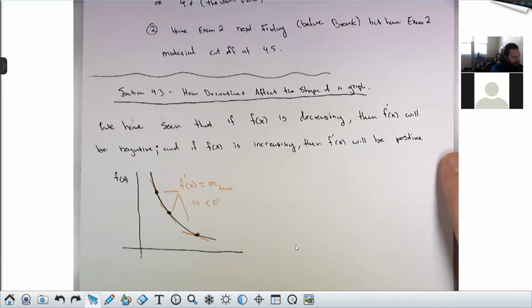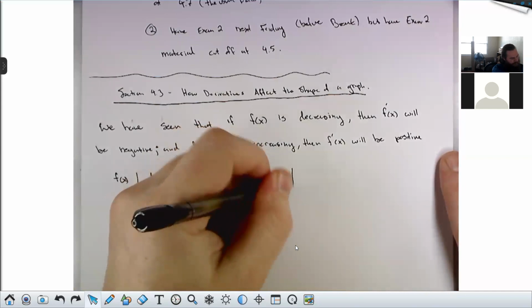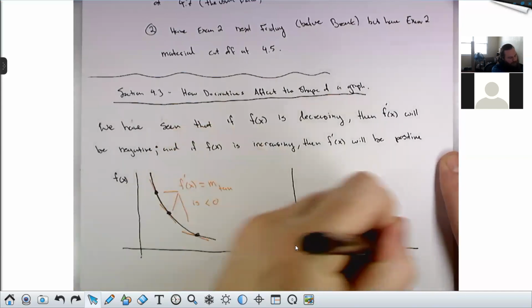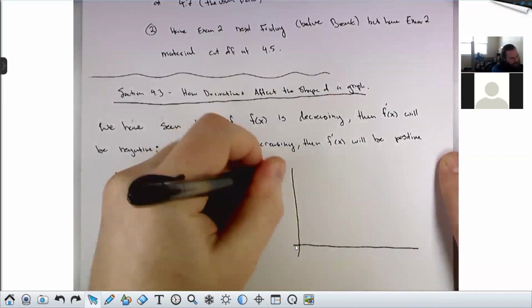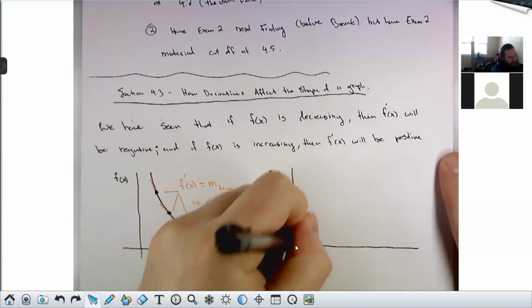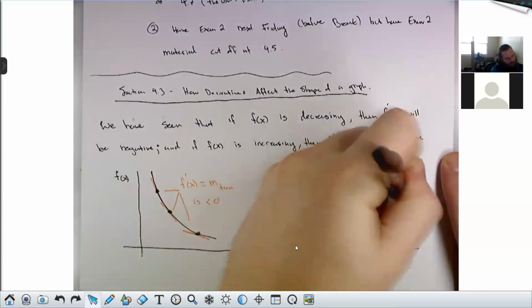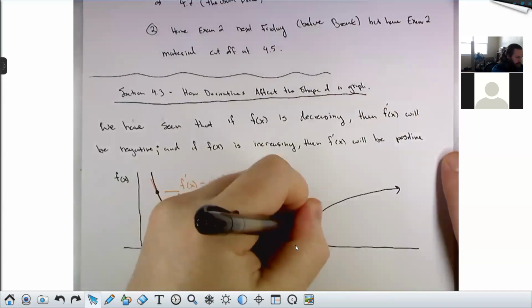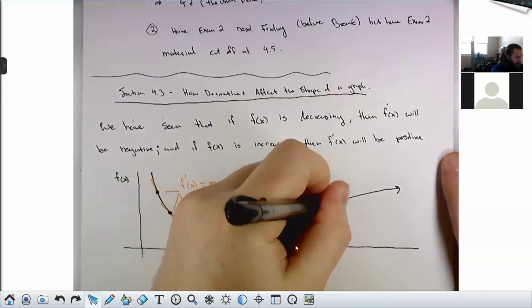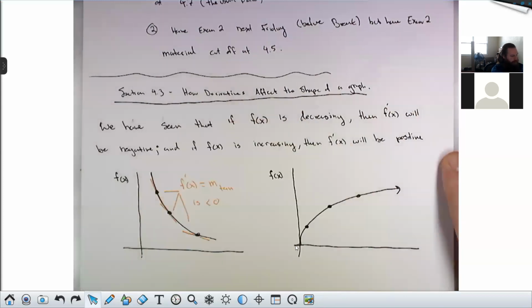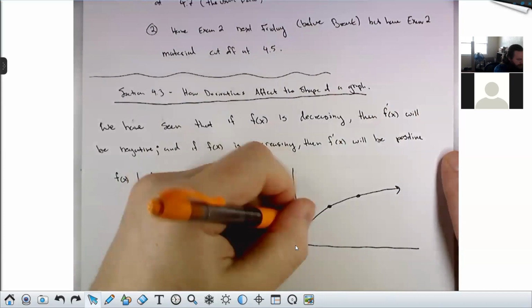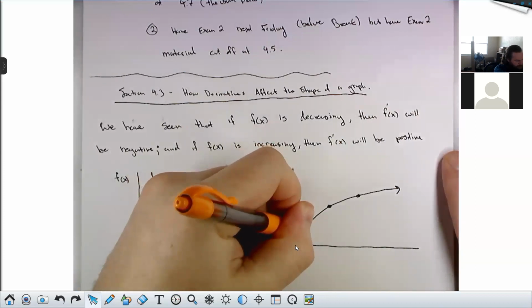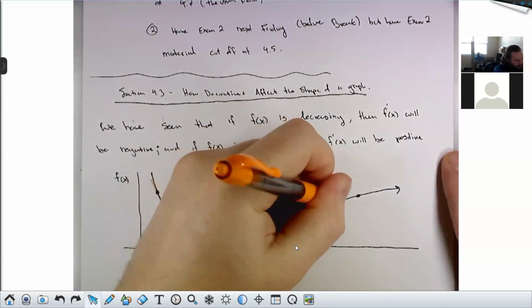On the other hand, if I have an increasing function, and I take some sample points, think about the tangent lines at these points.